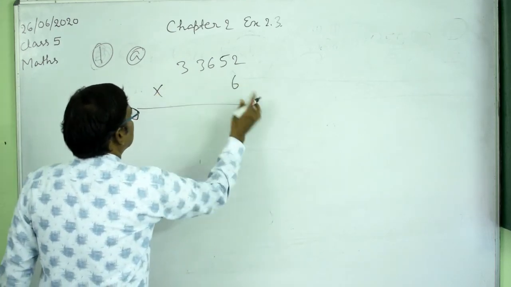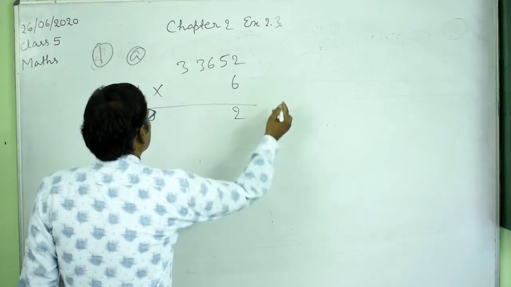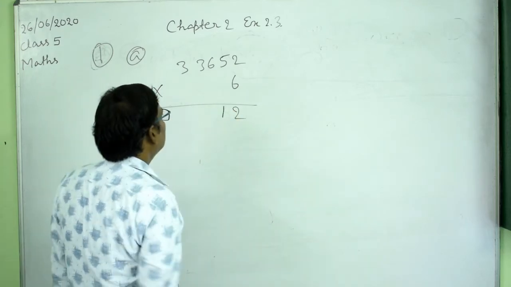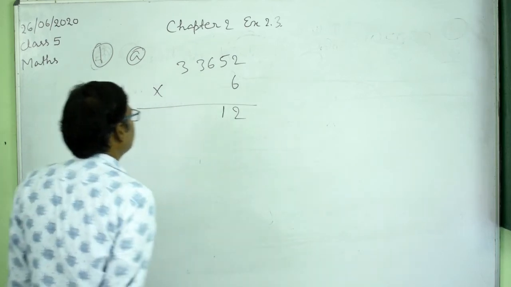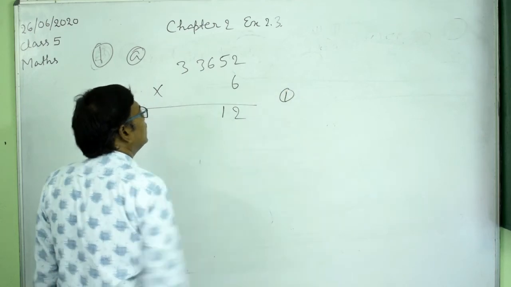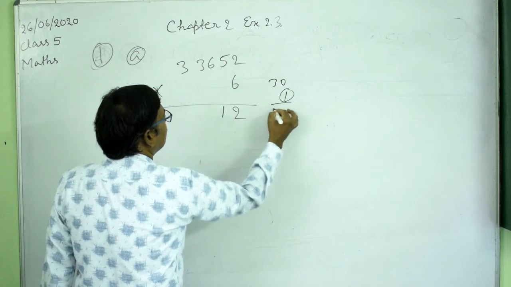So 6 twos are 12, then you have 1. Okay, carry 1 here, so 6 fives are 30 and 30 plus 1 is 31. Then again you have 3 here, so 6 sixes are 36 and plus 3. Okay, 6 twos are 12, that is 1. You have 1 in your hand, and 6 fives are 30 plus 1. 30 plus 1 will be 31.